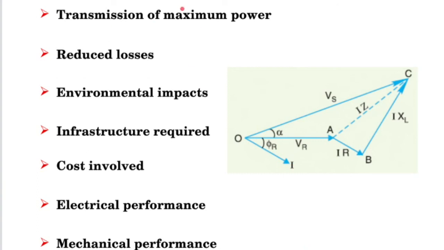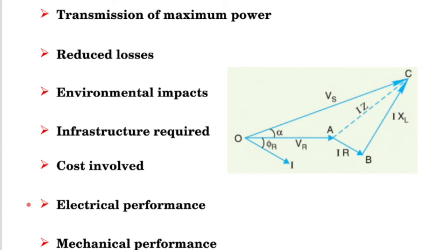We have to consider how much power will be transmitted through that line, how many losses we can afford, what the environmental impacts are, how much infrastructure is required, what the costs involved in various aspects are, and how this line is going to perform electrically and mechanically. We cannot say, oh, I am putting up a transmission line, they gave me this task, I'm done.